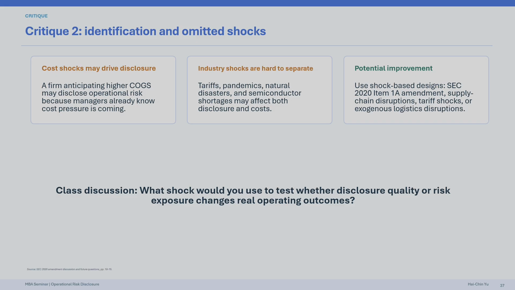A potential improvement is using a shock, SEC 2020, to separate before and after to see whether a causality test exists. This is another strict requirement: if there is any chance to prove that endogeneity and omitted shocks will not affect the results.